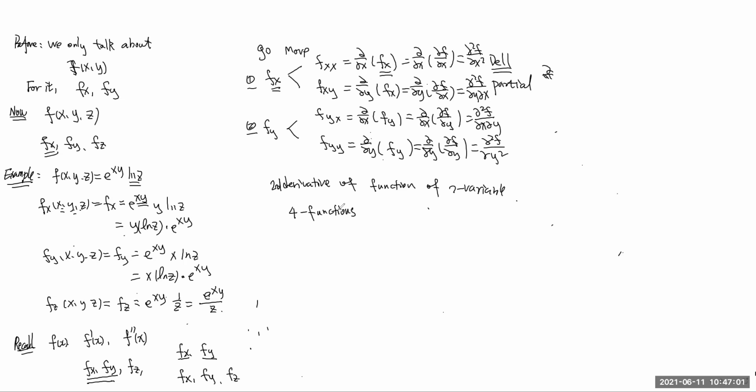In general, we can write them as fxx, fxy, fyx, fyy. We put it as a box or matrix. This is called the Hessian of f.